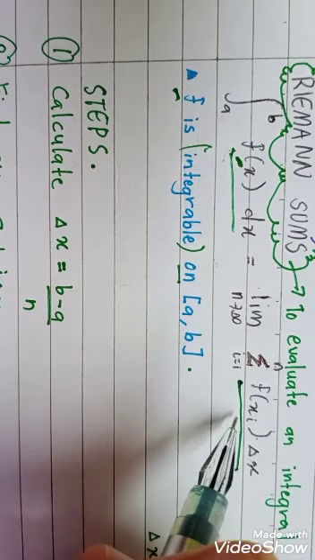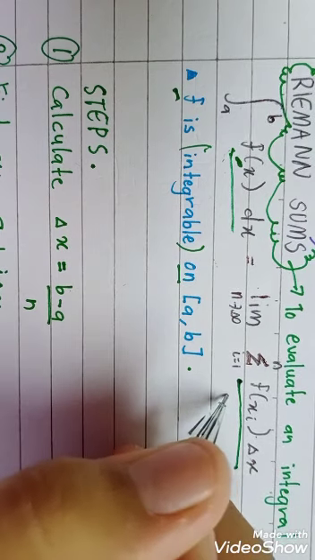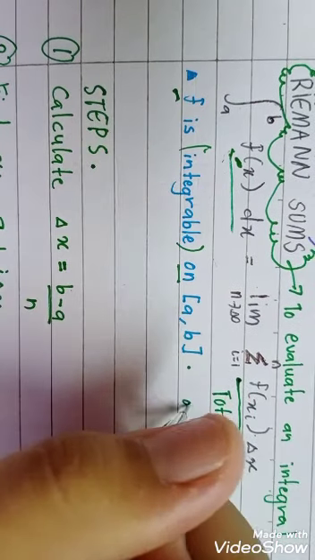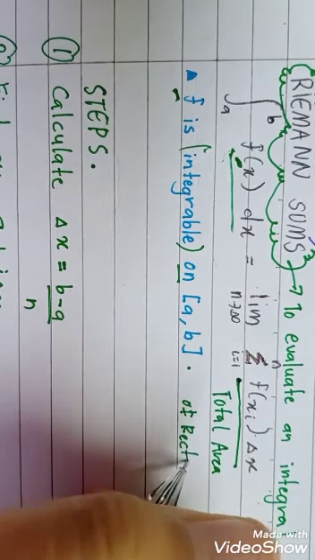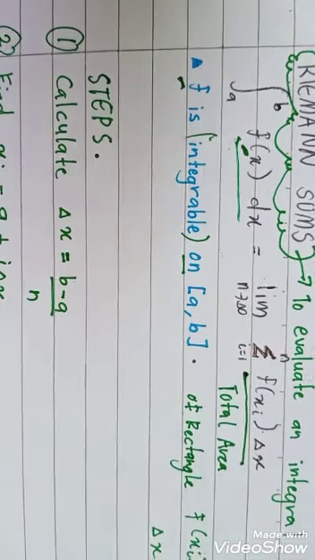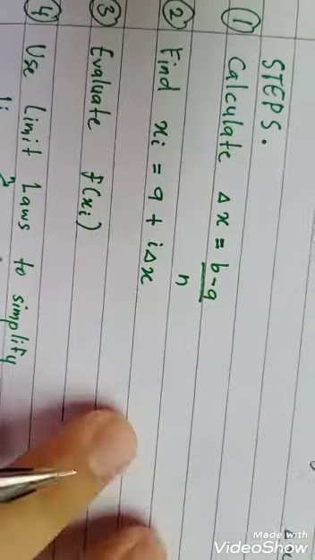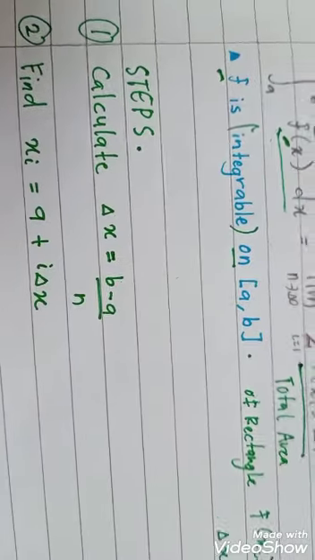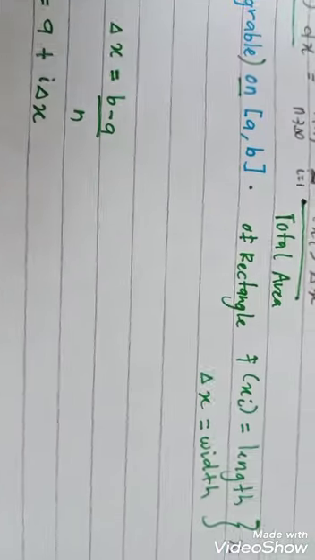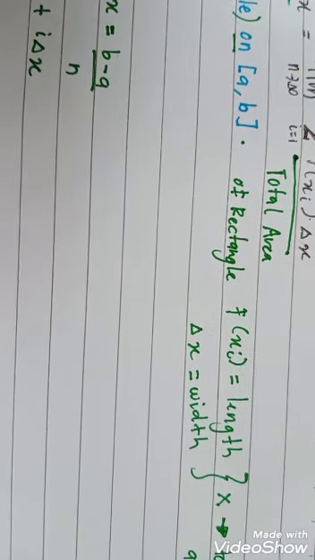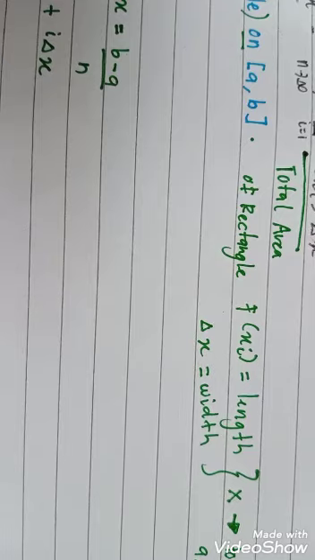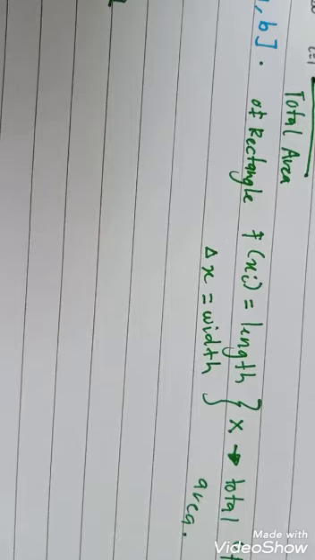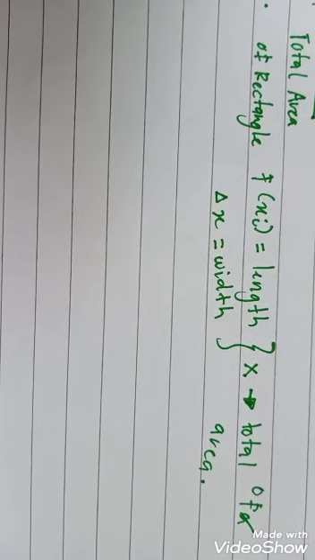This is to calculate the total area of the rectangles. f(xi) is the length and delta x is the width. So we multiply them to get the total area of the rectangle.